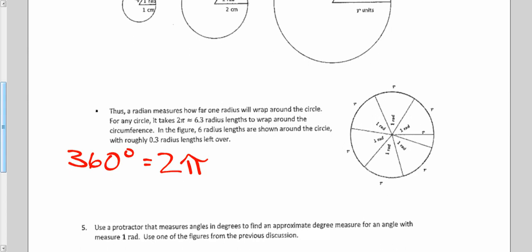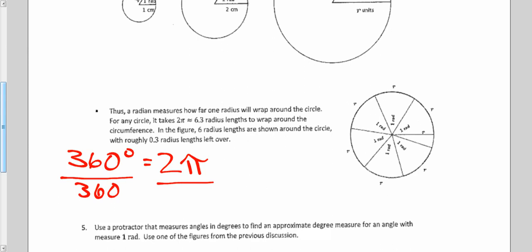So, how many radians is 1 degree? How would I get 1 degree out of this? Wait, if I divide both sides, 1 radian equals how many degrees? Who cares about 1 radian? 360 degrees equals 2 pi radians, right? So if I divide this by 360, I'll get one degree here, right?